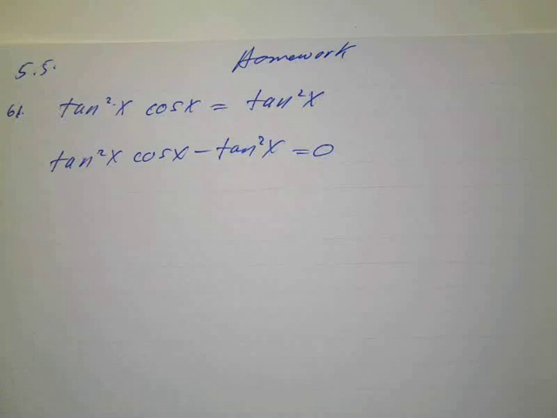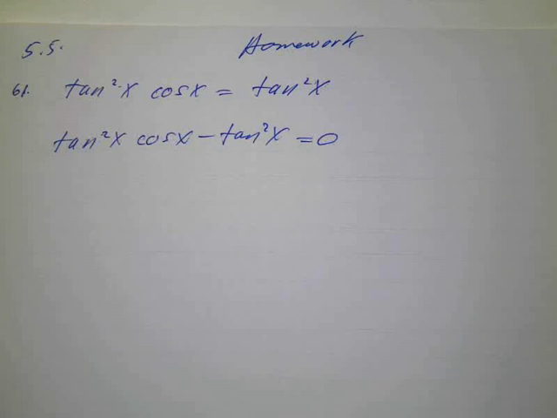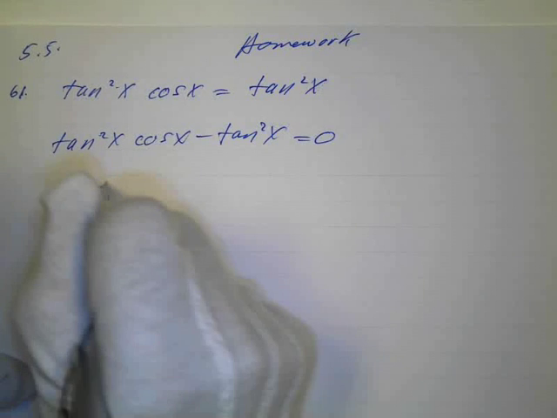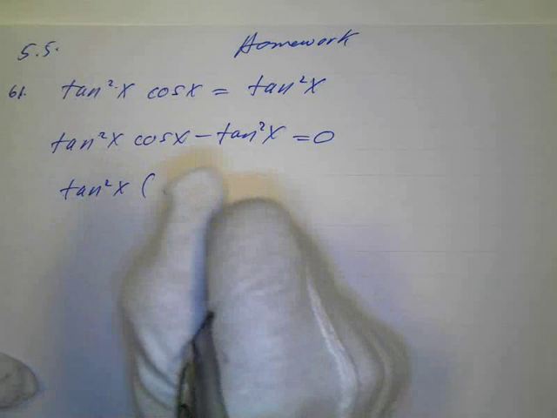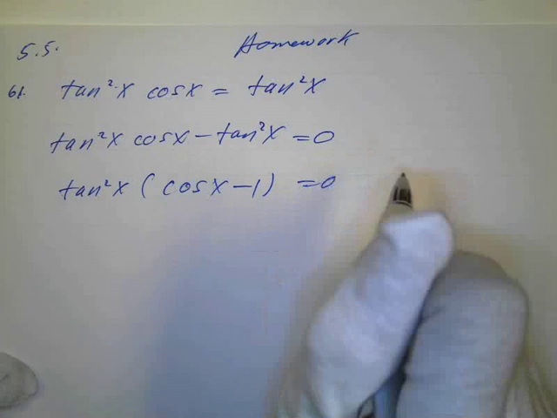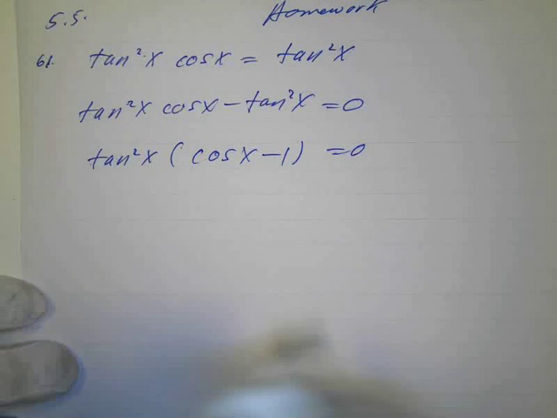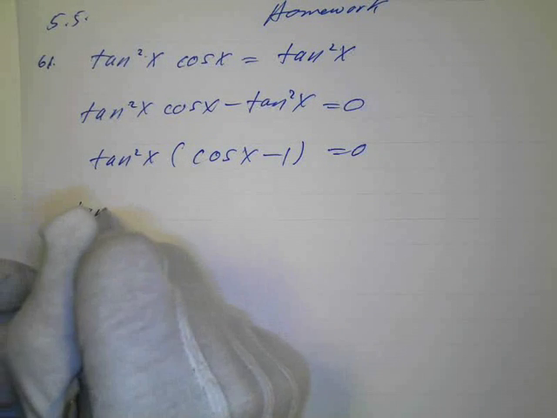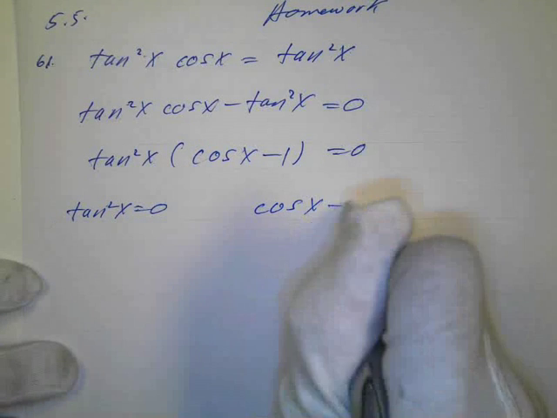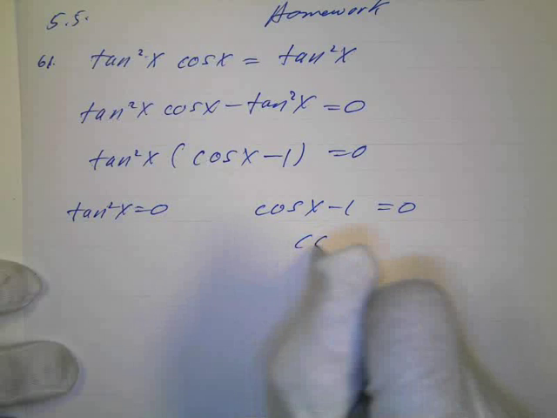So we set it equal to 0, then we'll factor. We can factor the tangent squared of x out, times the cosine of x minus 1. So either the tangent squared of x equals 0 or the cosine of x minus 1 equals 0.